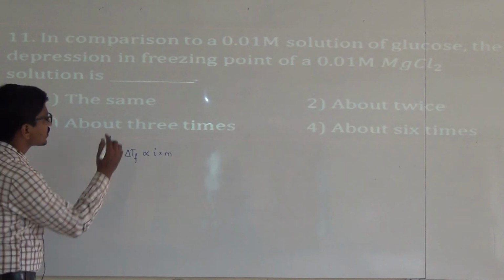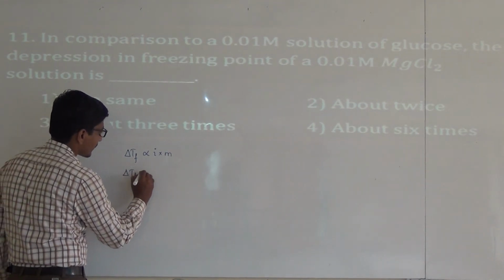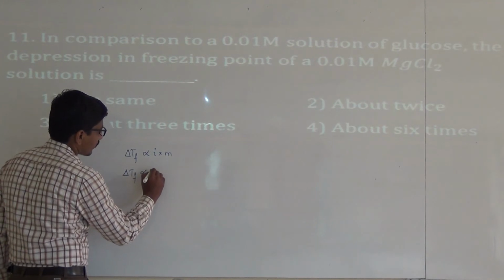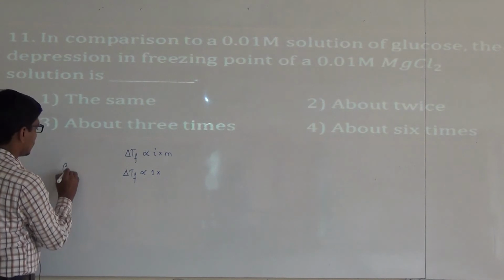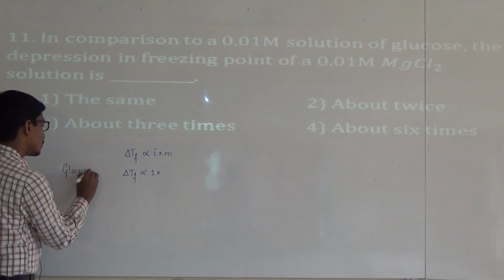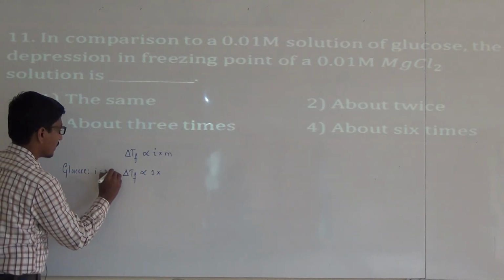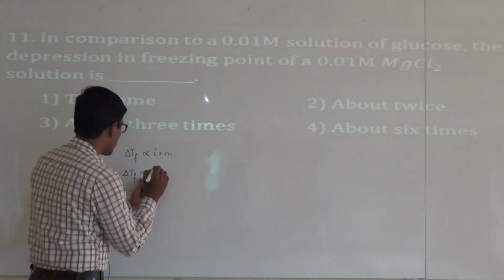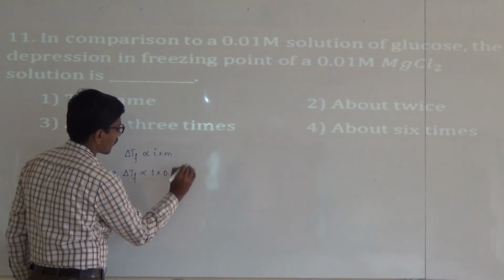In case of the first one, delta Tf is directly proportional to i value for glucose. Glucose i equal to 1, so delta Tf is proportional to 1 into 0.01.